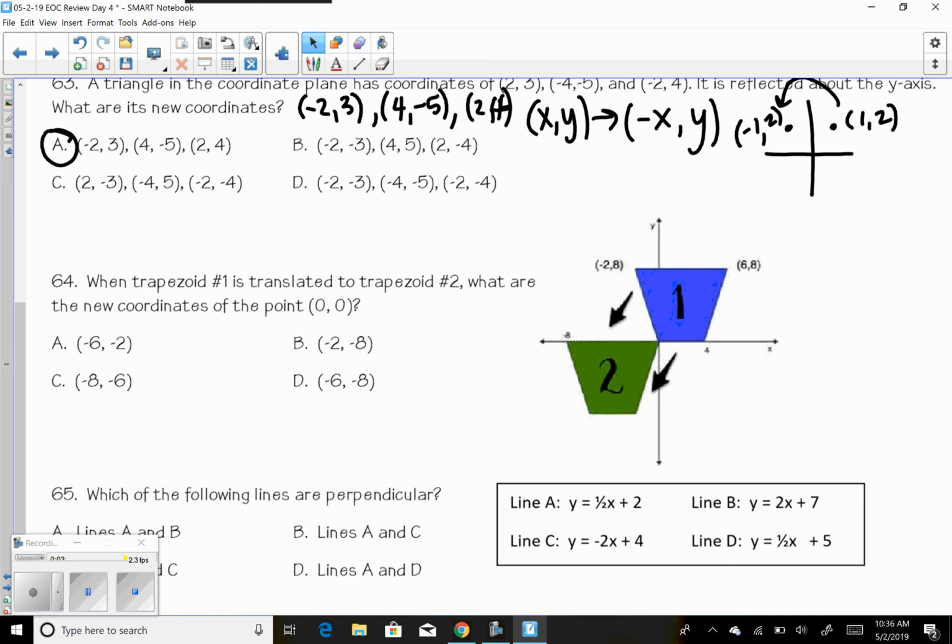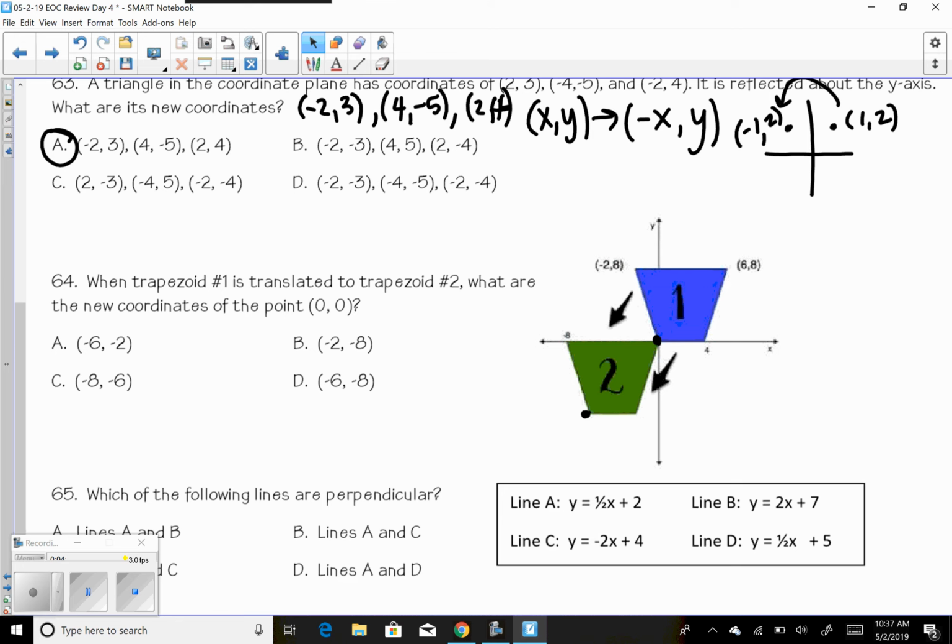64. When trapezoid number 1 is translated to trapezoid number 2, what are the new coordinates of the point (0, 0)? Okay, so this corner is actually coming over here, right? So we want to figure out what those new coordinates are going to have to be. So if you look, this is hard to see, but this is -8.